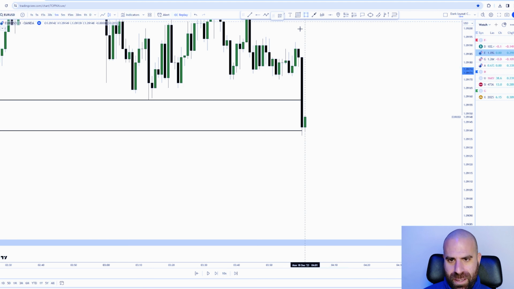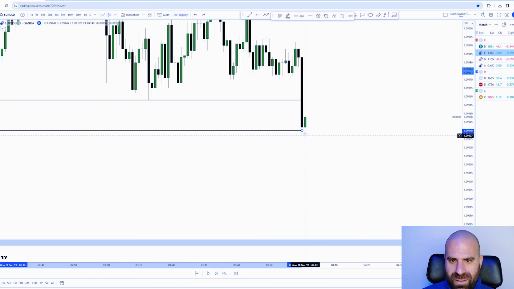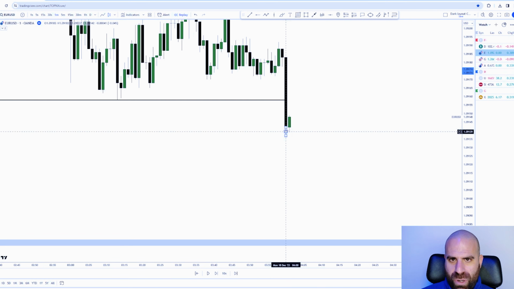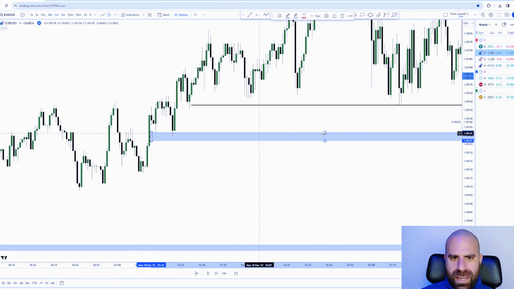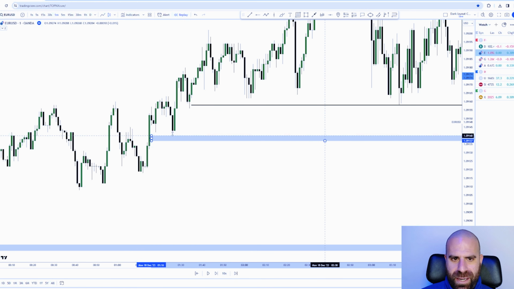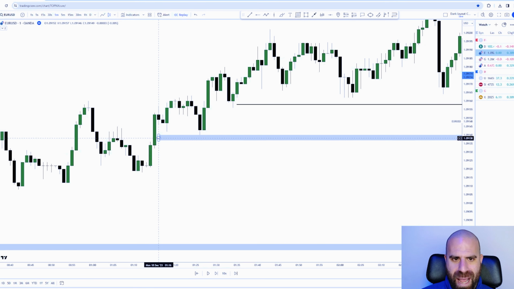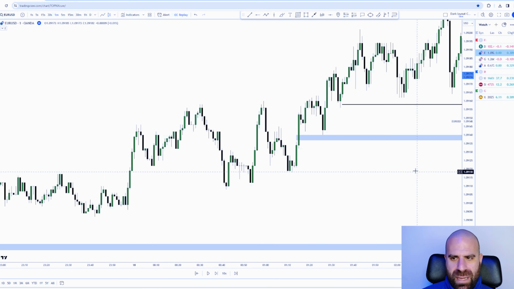You say, if I take this bottom area and extend that to the right, is there an FVG? And I can narrow it down to this area right here. Yes, I am testing this remaining part of this FVG.